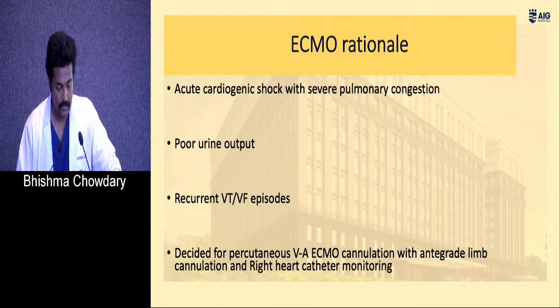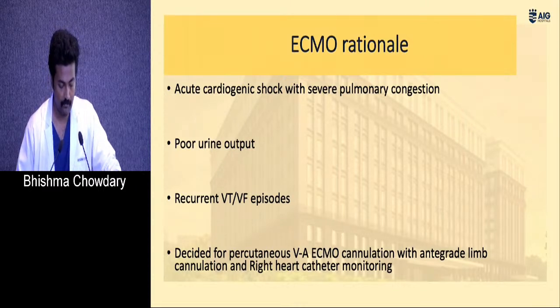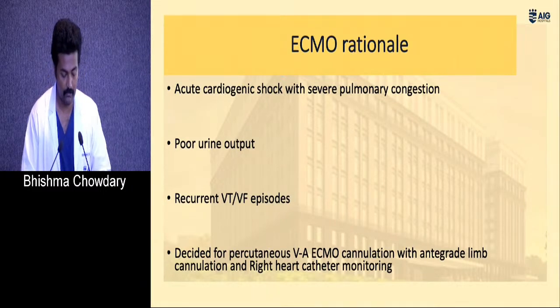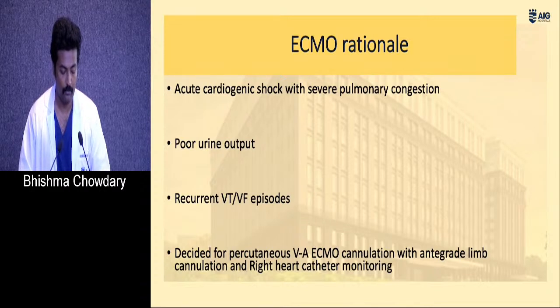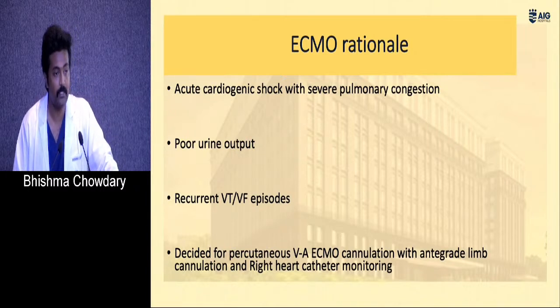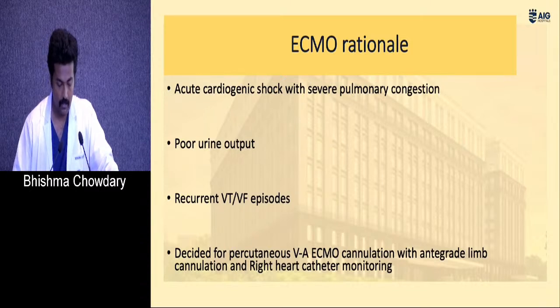The rationale for putting on an ECMO here was acute shock with severe pulmonary congestion. You can see the effects of the shock already. The patient was going into AKI with poor urine output and recurrent VT-VF, and even on stiff inotropic support, the patient was not able to maintain the blood pressure.